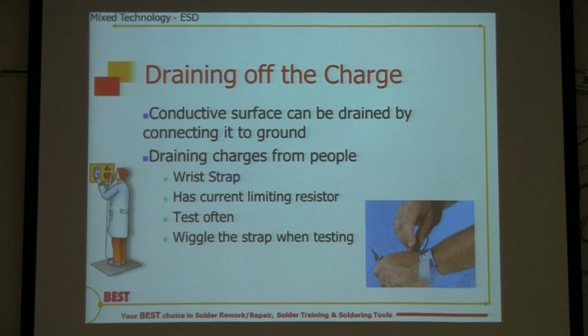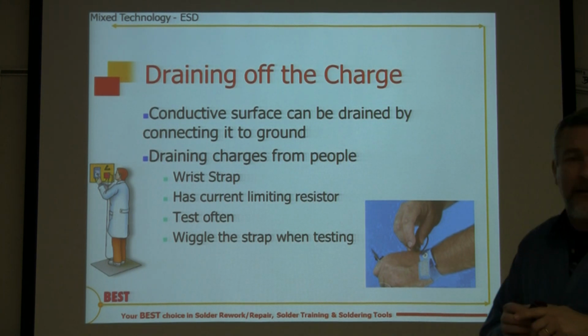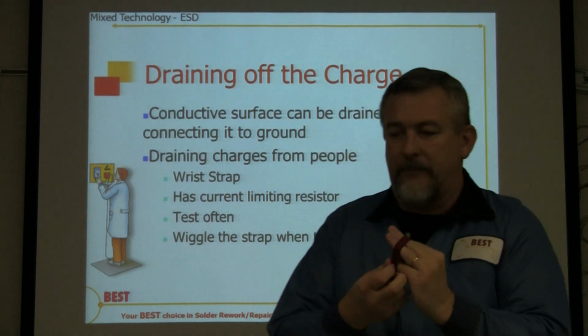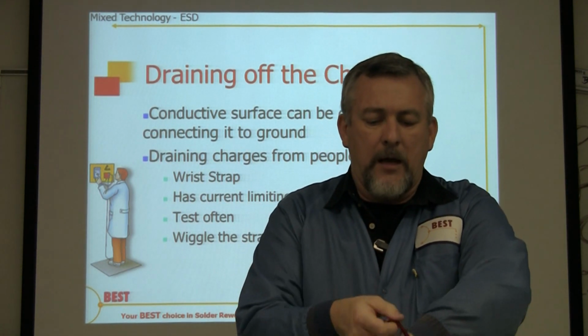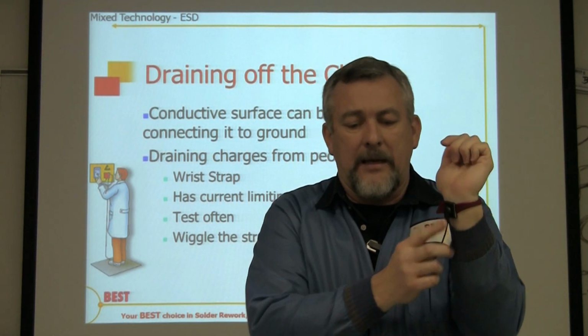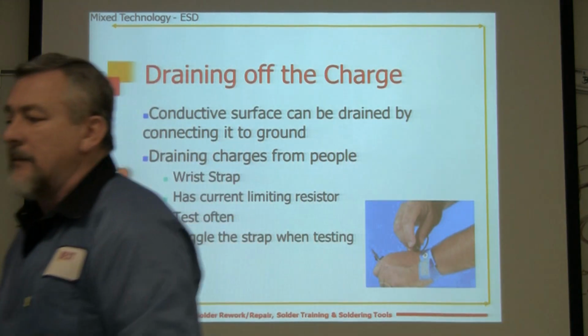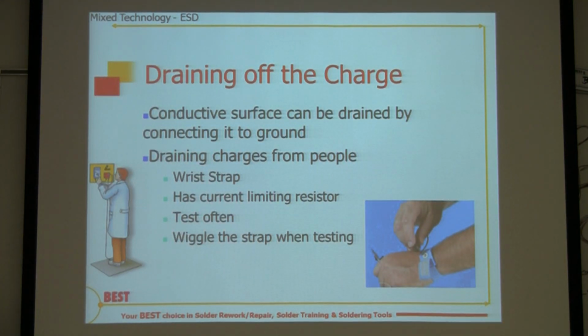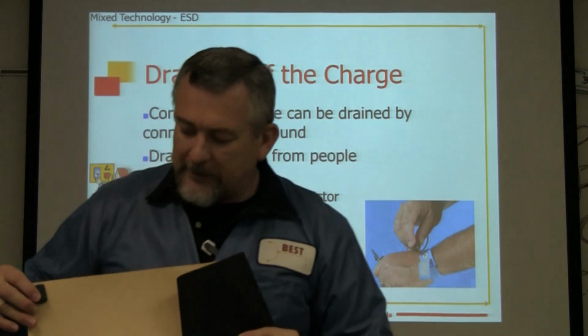Draining off that charge. Okay, how do we do that? First off, one of the easy ways, I don't have to own a smock. I can wear a wrist strap, just like this, and I put it on. And it's snapped into place right here. And this end, believe it or not, would be attached to a mat. This mat is something like this. It's an ESD safe mat.